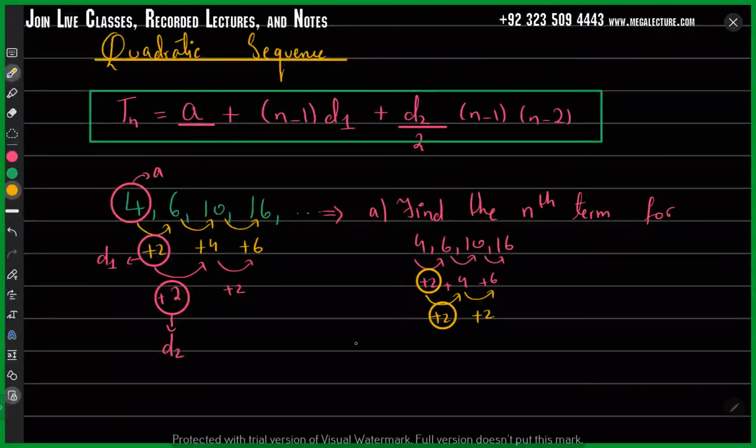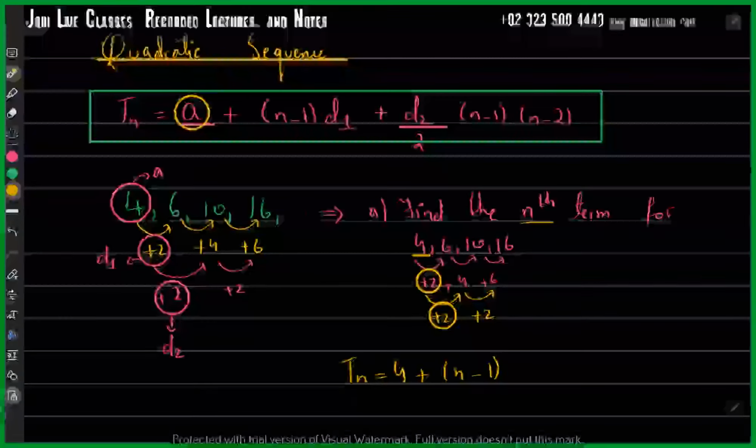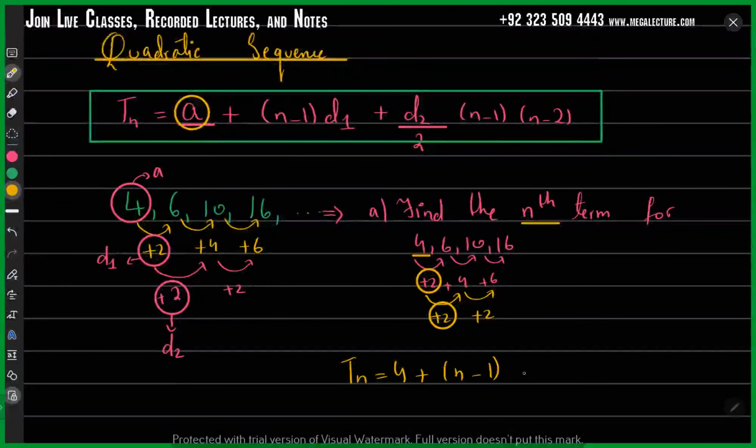So T n is equal to A. What is A? Yes, guys, tell me quickly what is A. In my case, A is the first term. That is 4. Very good. It's 4 plus n minus 1. We don't know n because we were asked to find nth term, into D1. What is D1? 2.